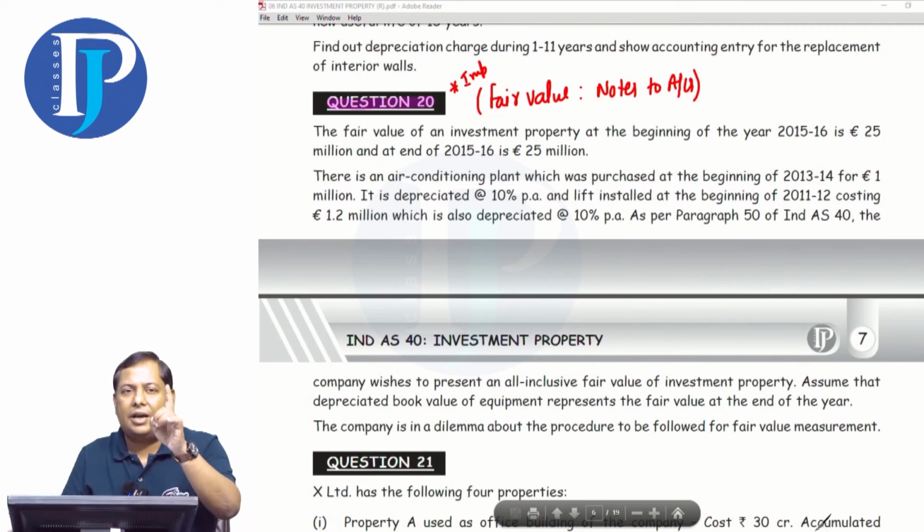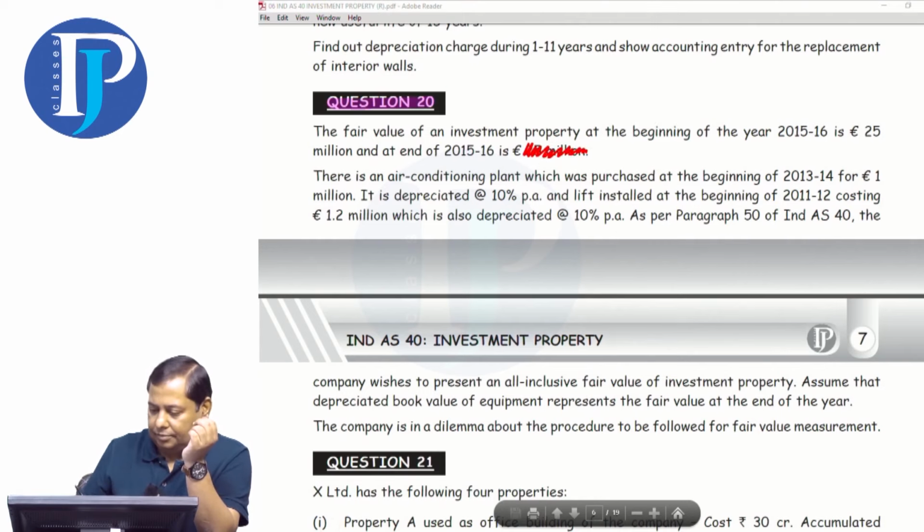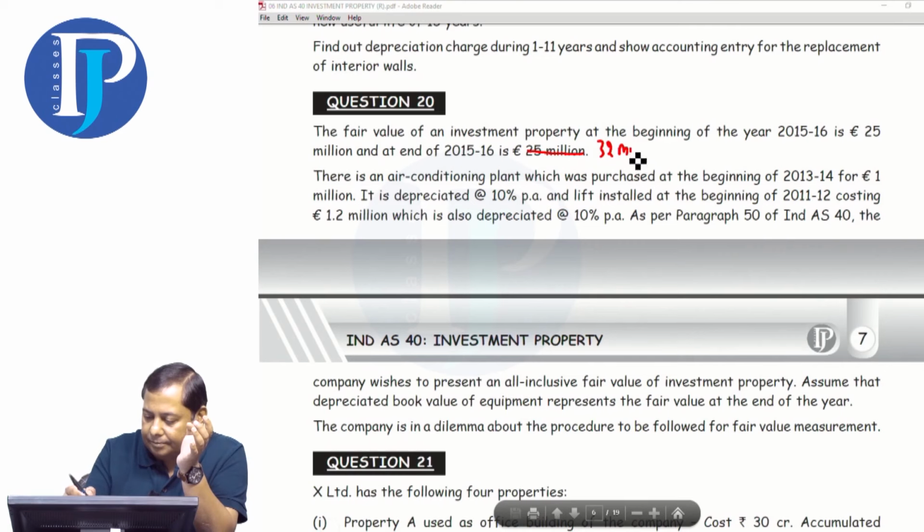However, in this question, I want to point out one error. Here it is not 25 million. Instead of 25, it is 32 million here, okay? I am starting to read.